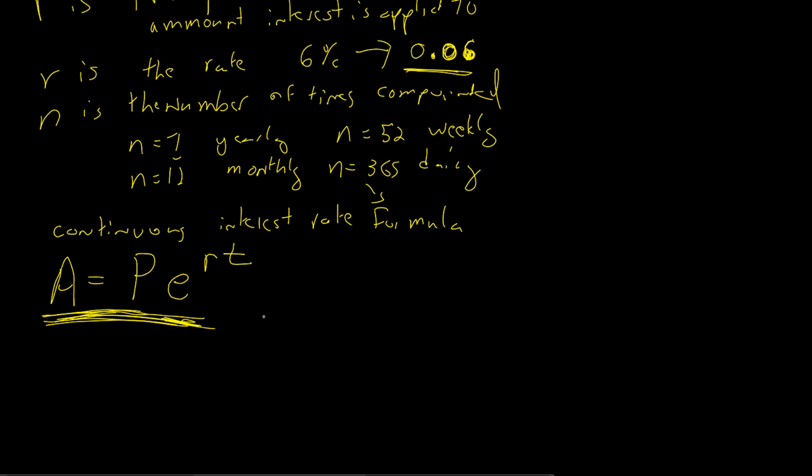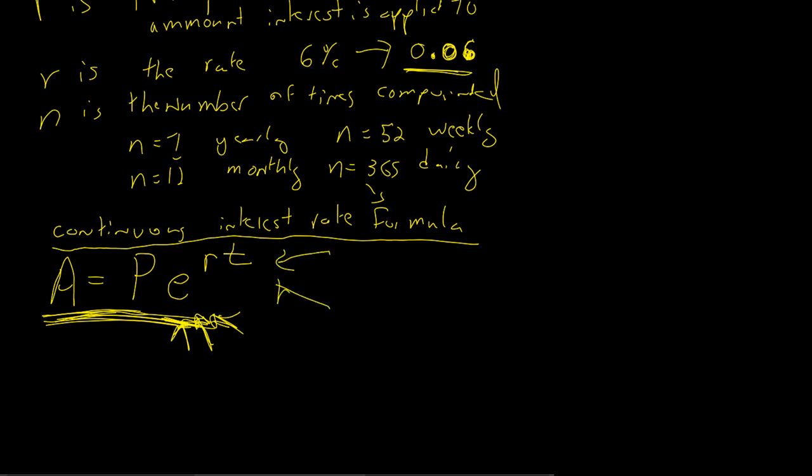And it's actually how we discovered the properties of e, through banking, I think in the 1600s. This question came about, and Euler kind of figured out what would happen if we kept applying interest over and over again. And so you'll see for continuous interest problems, you want to use this formula.